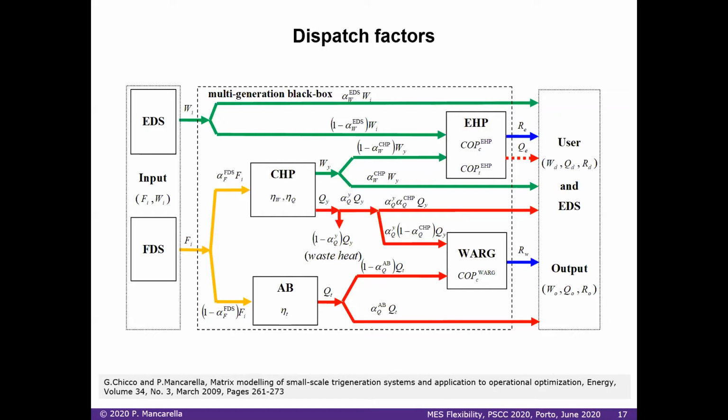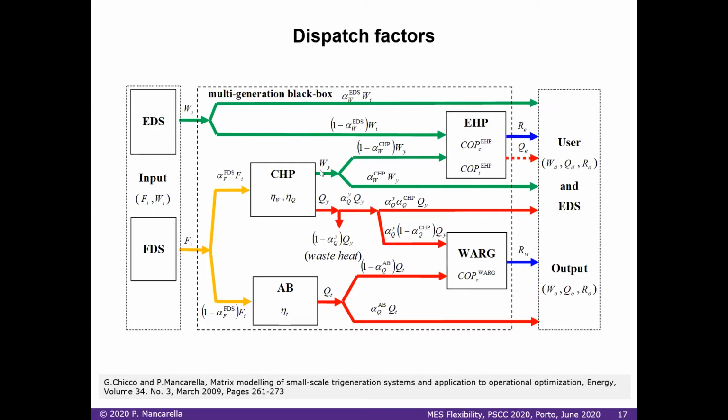to supply different devices. So this alpha here, these control variables, are what we called dispatch factors that really describe internally to the plant all the multiple paths that you have, and then by controlling the numerical values of these dispatch factors, you can basically determine if you want to use a path more than another.